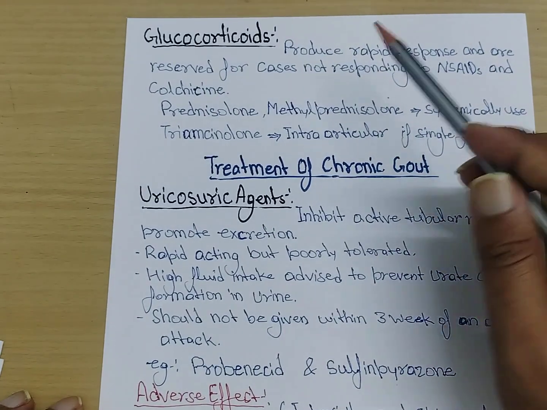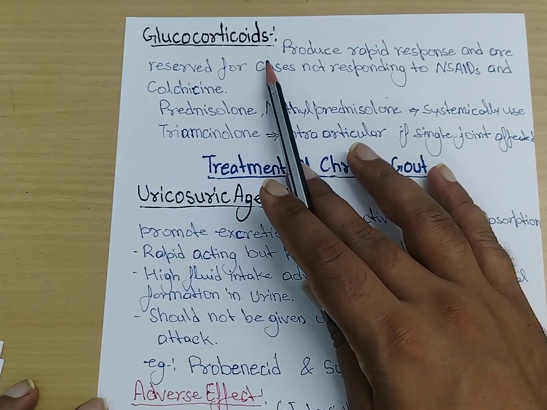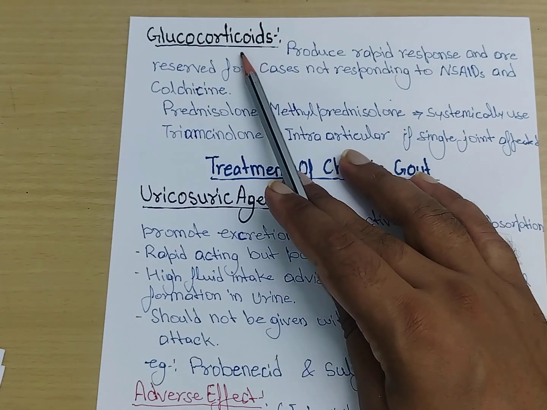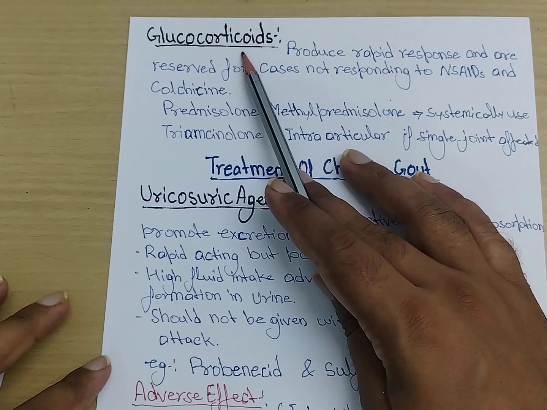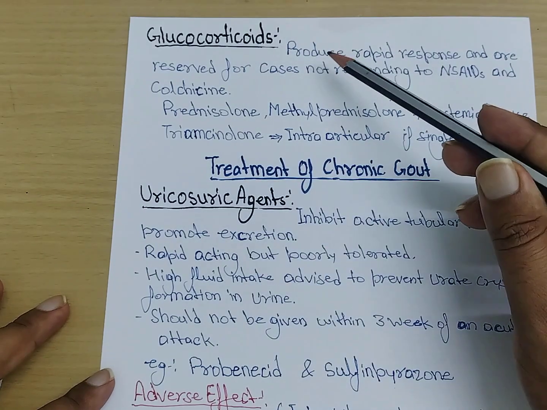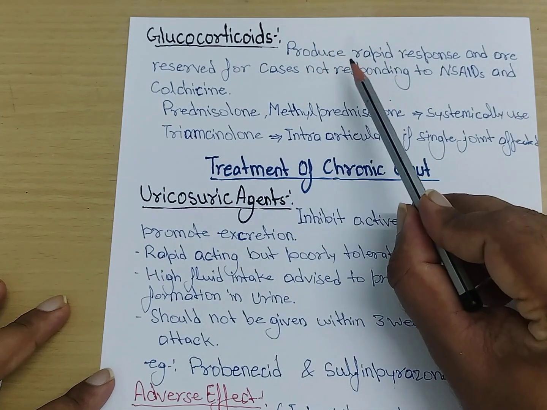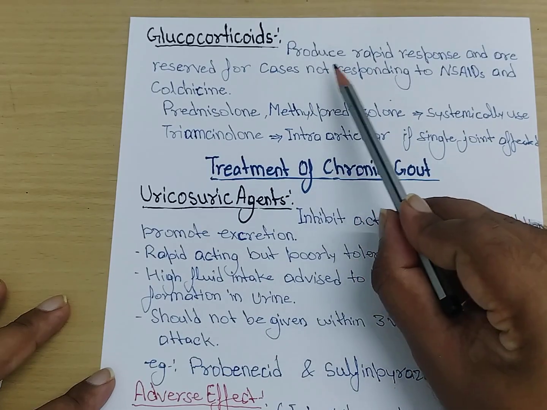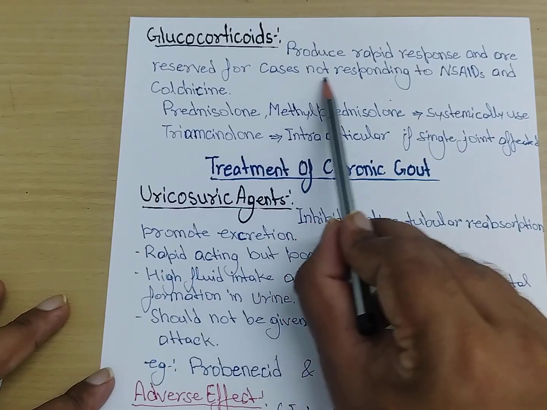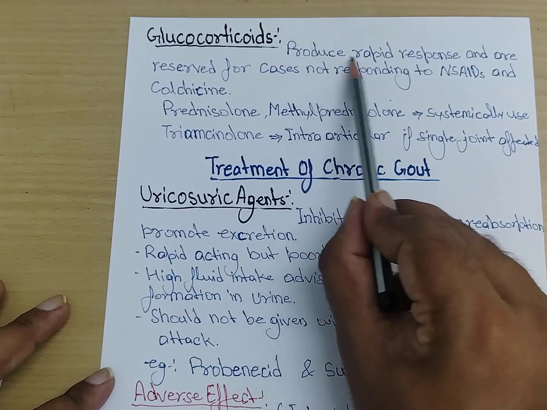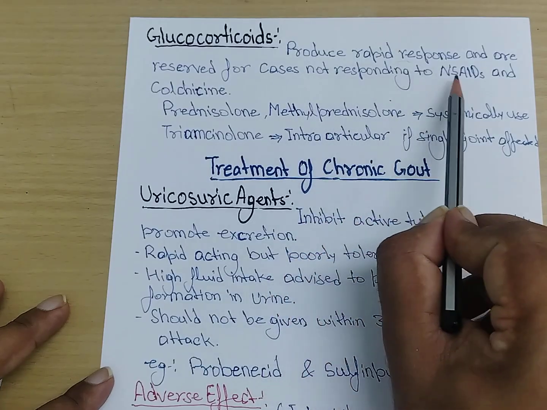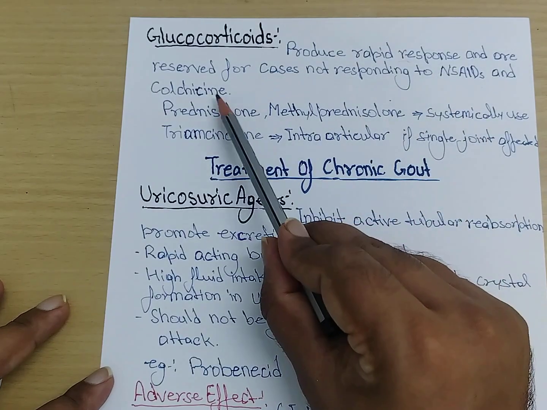Glucocorticoids are third line or terminal drugs. In acute gout, they produce a rapid response and are reserved for cases not responding to NSAIDs and colchicine.